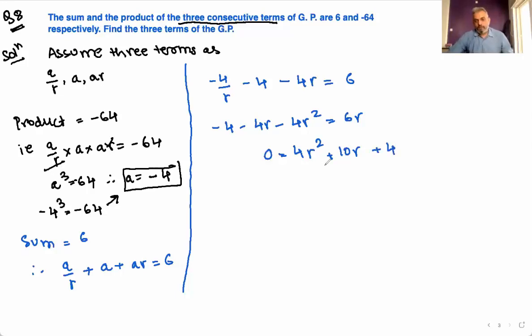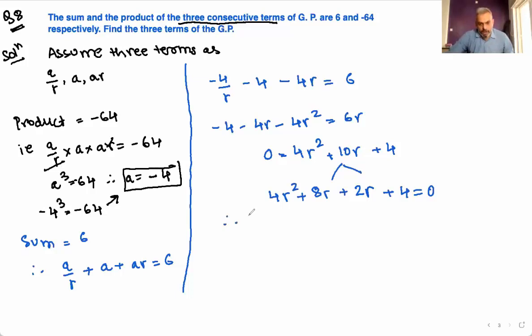Over here 4 and 4, 4 fours are 16, so we will split it, 8 twos are 16, so we get the equation 4R square plus 8R plus 2R plus 4 is equal to 0.